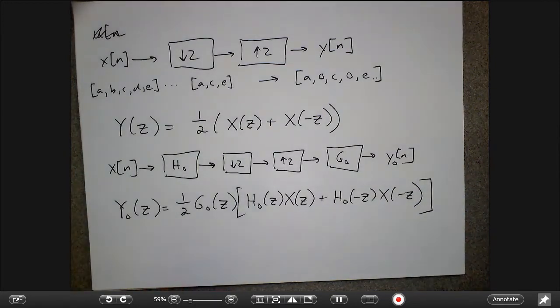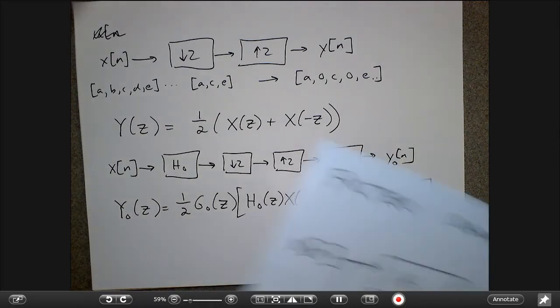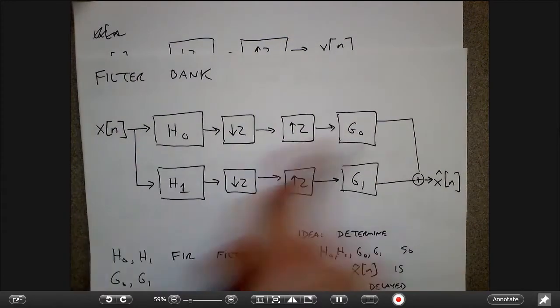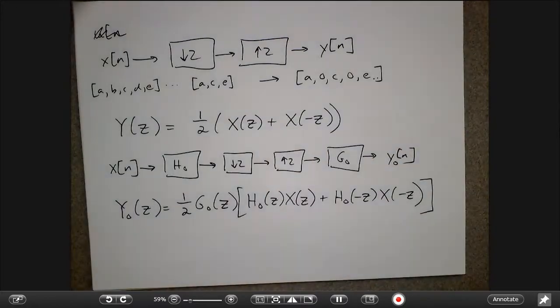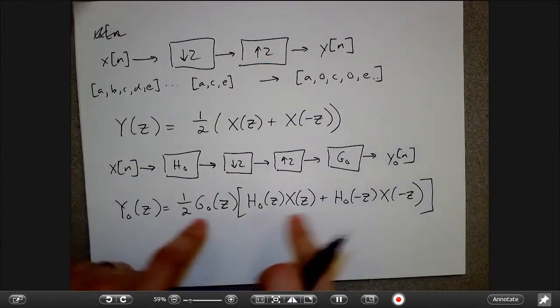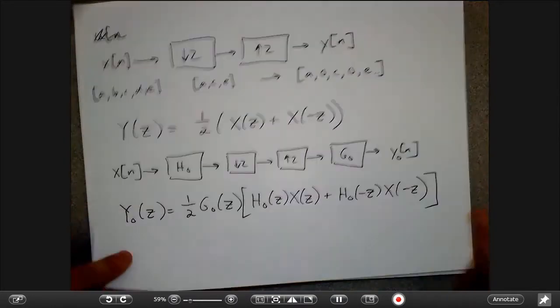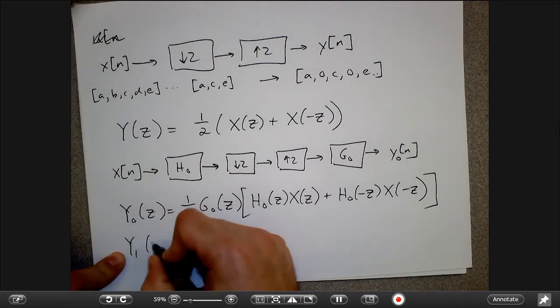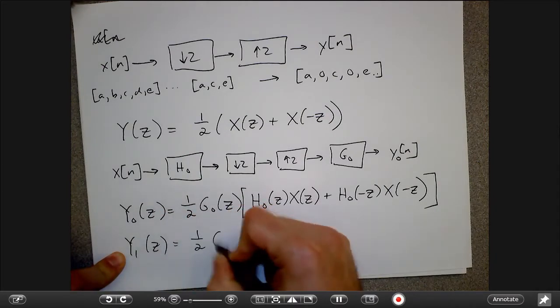And the overall result of putting the signal through two such channels and adding them up is going to look like this. So I'm going to write this result. If I had another channel, it would look like this.